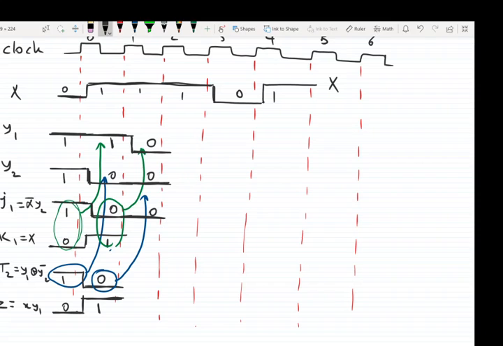K1 is X, which is 1. And what about T2? T2 is Y1 XOR Y2 bar. Y1 is 0, Y2 bar is 1. So 0 and 1 gives T2 of 1. So T2 changes to 1. What about Z? Z is X Y1. X is 1, Y1 is 0. So Z is 0.